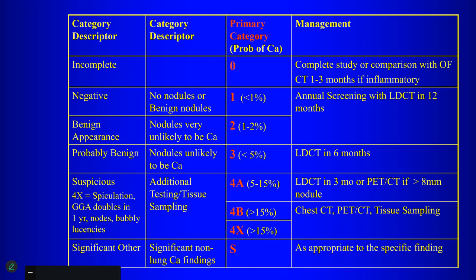So what becomes the score for that patient? The score would be 1S. The S meaning there is a significant non-lung cancer finding, but that's going to require some kind of workup, right? So if there is another finding, a breast mass, renal mass, whatever, that is not related to lung cancer, but requires some kind of workup, you would add the S category to that so the clinician is aware: look, we found something else, we need to look into it, okay?